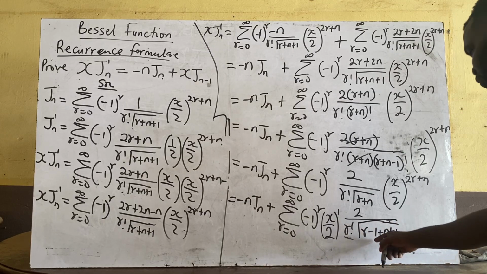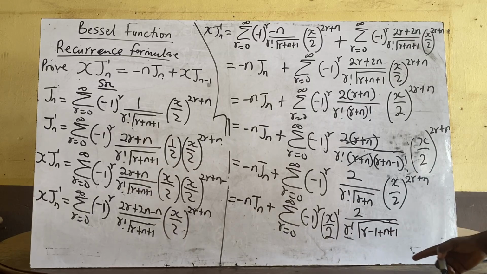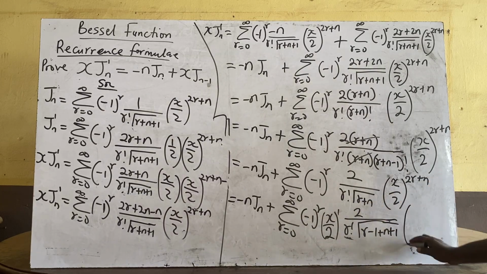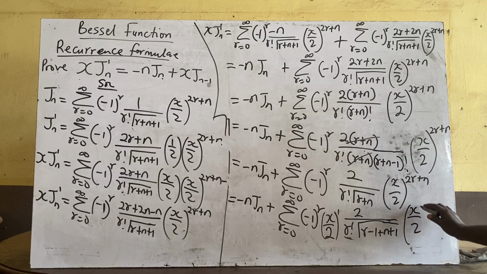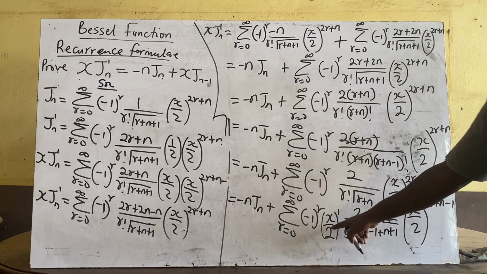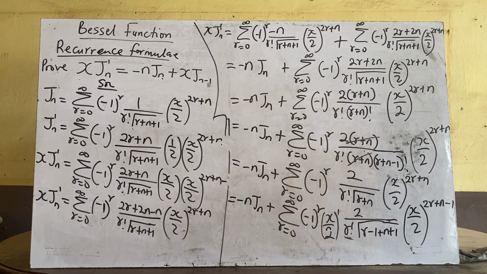You know that 1 minus 1 is gone, so I did not change anything. Now, because I put raised power 1 here, I want to have this to be x over 2 raised to power 2r plus n minus 1, so that this raised power minus 1 will still take care of this again. In fact, in the beginning itself, we are supposed to separate them before doing this, but it's still the same answer.